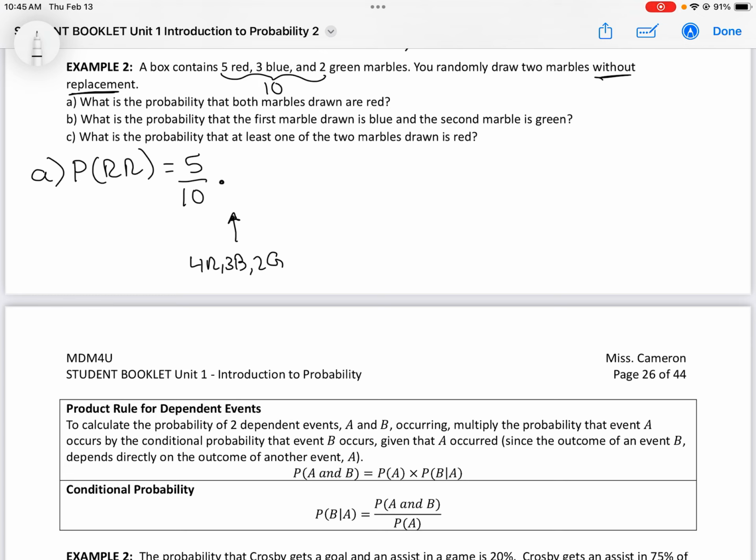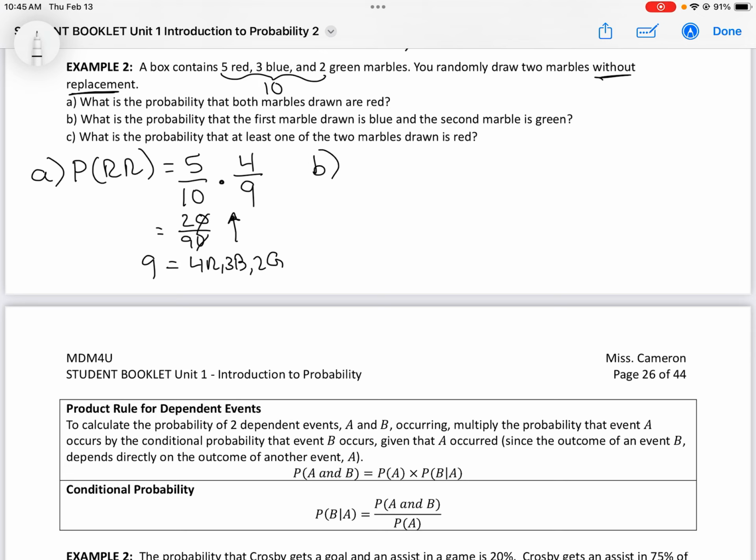So we have 4 red marbles left, and the total here is 9. So it's not 5 over 10 times 5 over 10. It's now 5 over 10 times 4 over 9. And we can say 20 over 90, which is 2 over 9.